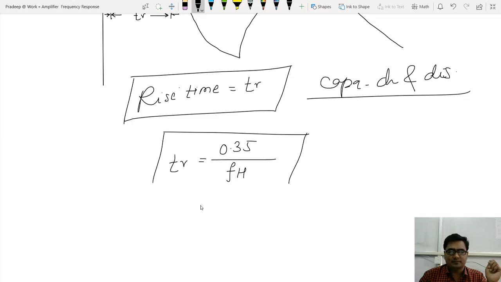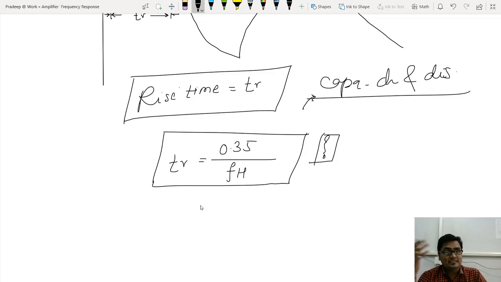So derivation is not part of our syllabus, but still, if anyone is interested in that derivation, then please don't hesitate. I will give you an extra lecture on the derivation of rise time, because it needs capacitor charging and discharging equations that I need to tell you, and this is not part of this chapter actually, but still, if you are interested, please let me know.